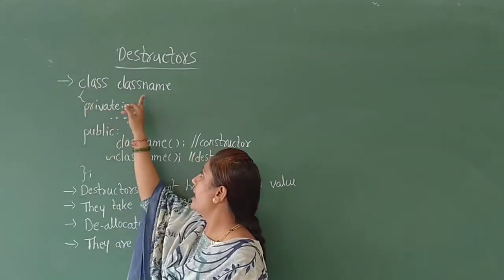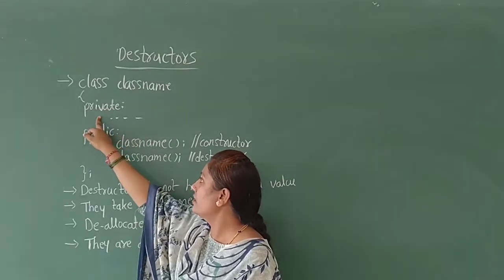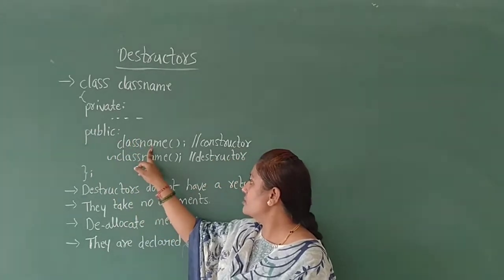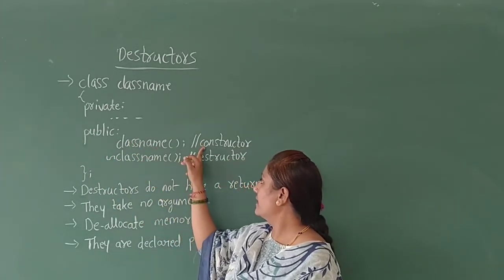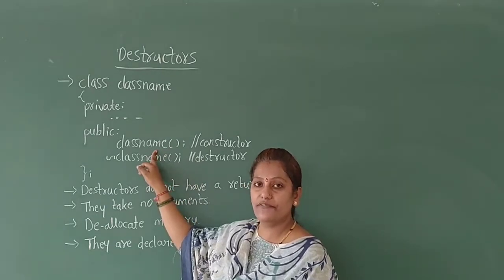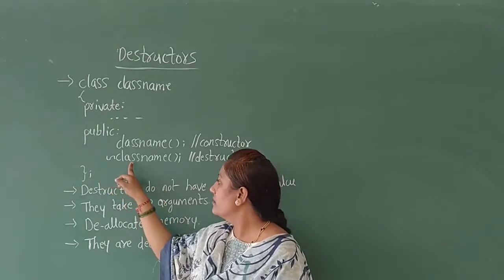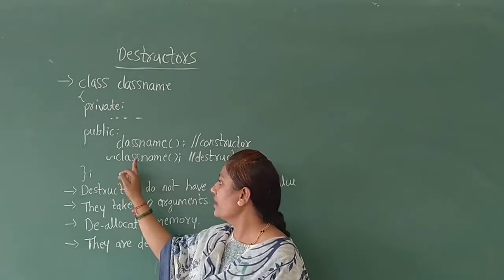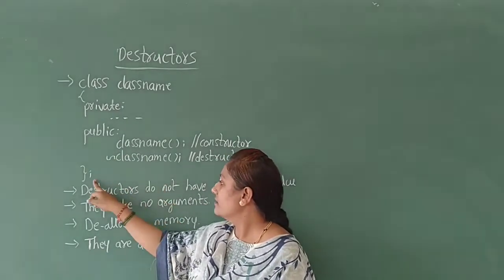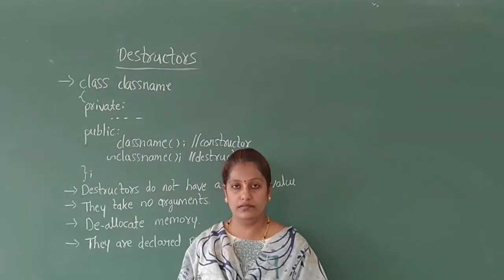The keyword class and the class name are used, and then in the private section the data members are declared. In the public section, the constructor, whose name is the class name, is declared with no arguments, which means it is a default constructor. Then the destructor is declared, preceded by the tilde operator, and the class is ended by the terminator semicolon.